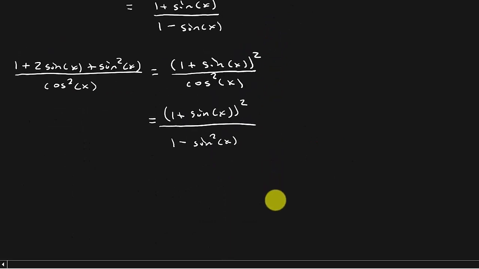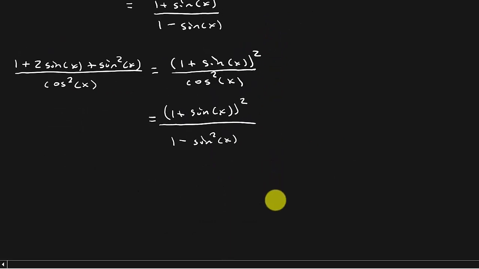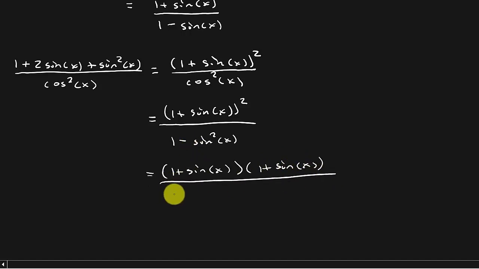All right, so let's look at this. Well, you know what? This denominator here will factor. I'm going to rewrite this as 1 plus sine x times 1 plus sine x, because when I factor the denominator, I get a 1 plus sine x term.